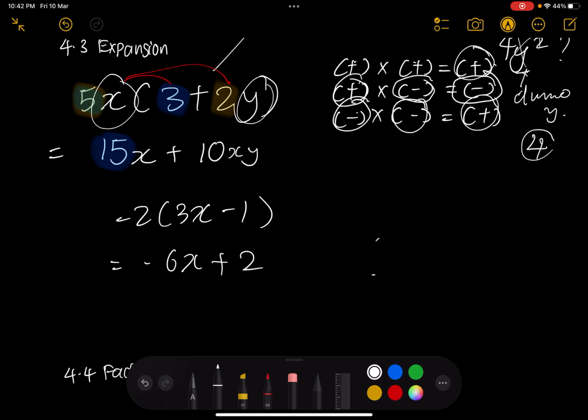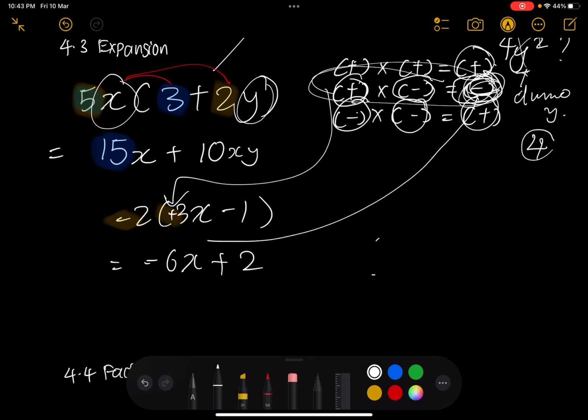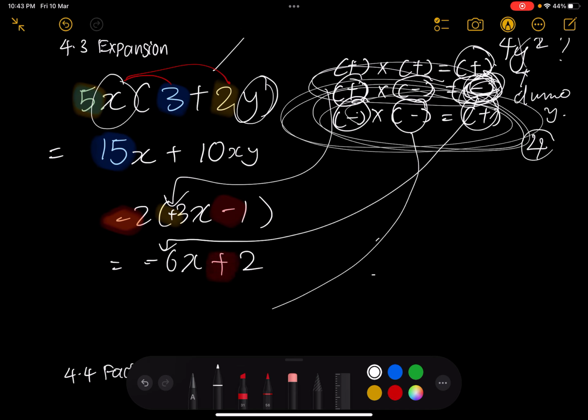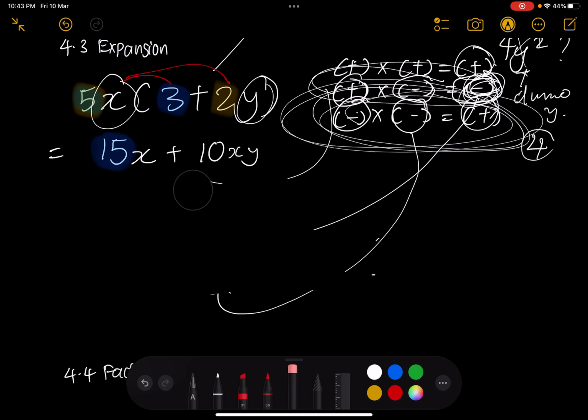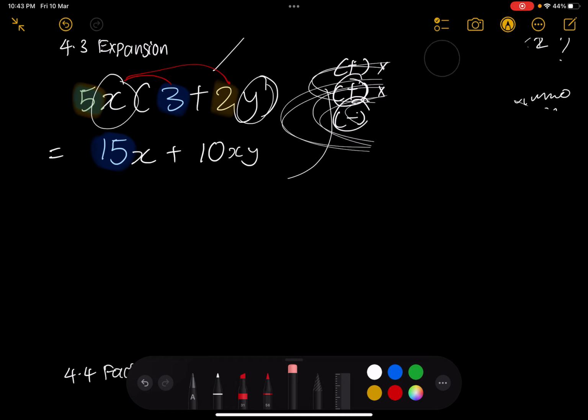Minus become plus. You see, like, very fast, I must be very quick. Why? Because minus, this is a plus, correct? So minus and plus become minus. This is a minus. Next one. Minus become plus. Okay? So this is the sign that you have to know. Die, don't know, you die. Okay?